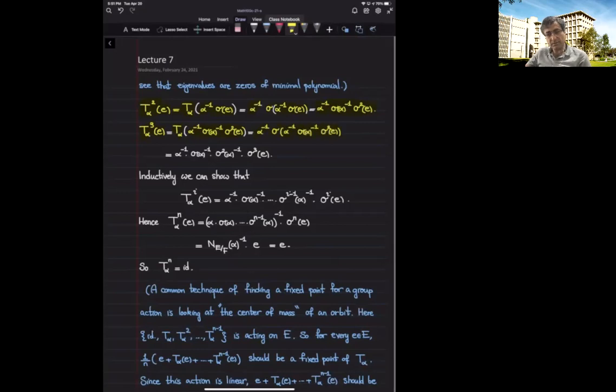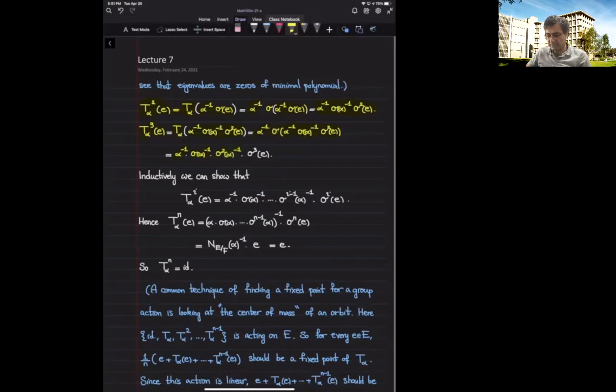Sigma of alpha inverse is sigma of alpha, inverted, so I can take the inverse out. Then I have sigma of sigma, which is sigma squared of alpha inverse.